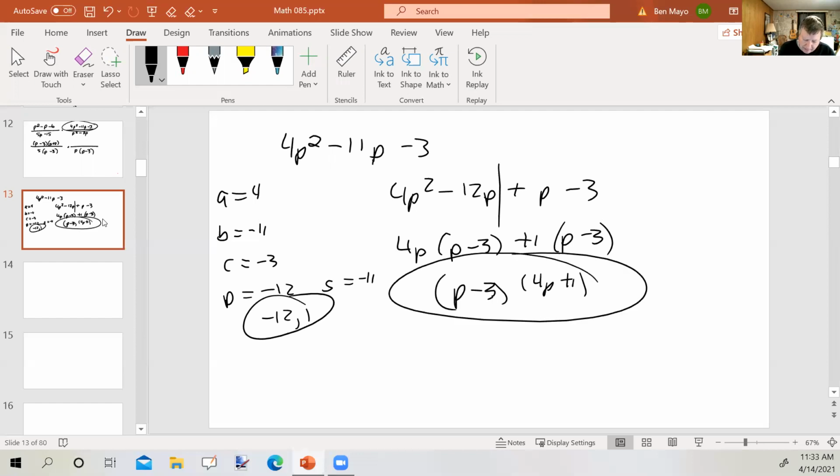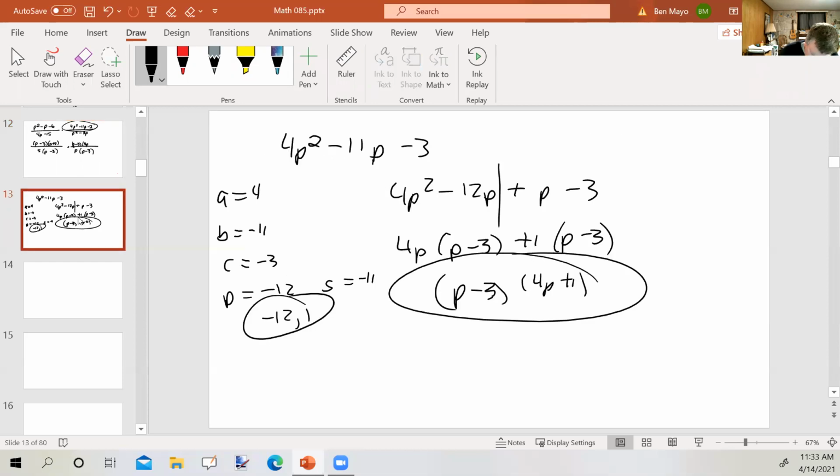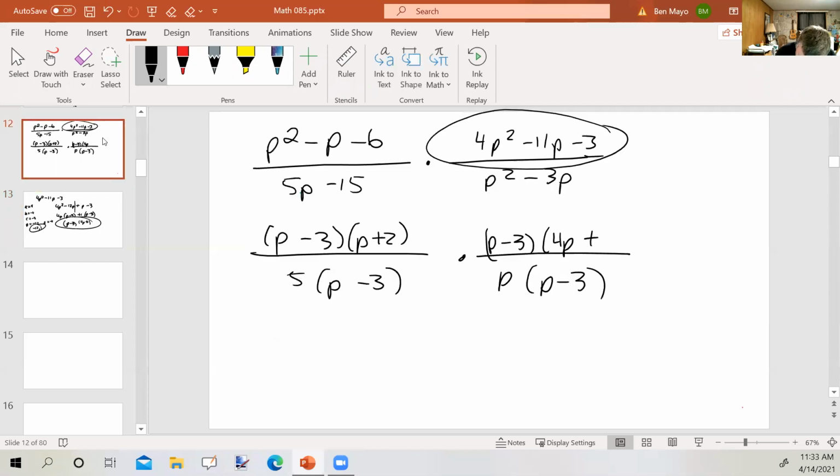So we're going to take that and put it back on the previous page. So p minus 3, 4p plus 1. With those, can you start off diagonally, or does it have to be in that section, can you cross off the p minus 3 and p minus 3, or does it matter?